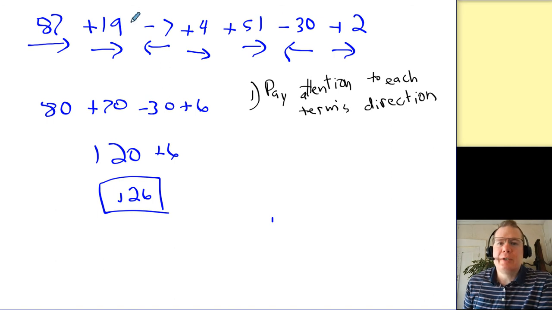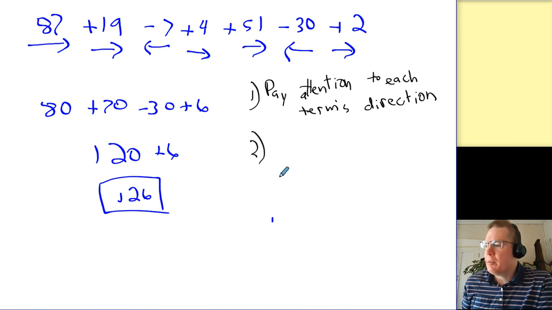That'll help you recognize 19 plus 1, these are both positive. I can put that together to make 10. That's going to be one of my later tips. Whereas if this had been minus 51, that would have been worthless. So we got to pay attention to each term's direction. That's key. And that's always true, whether we go left to right or hop out of order.